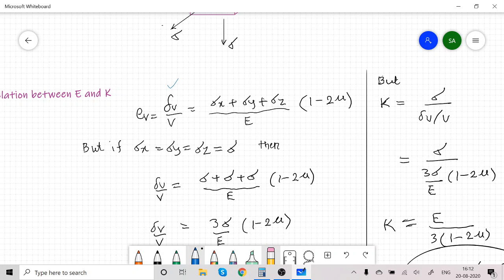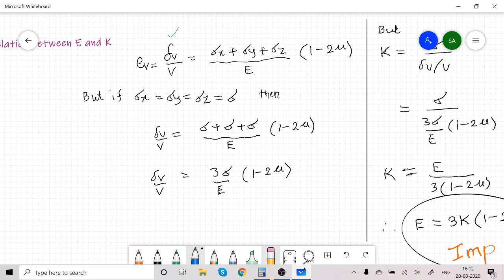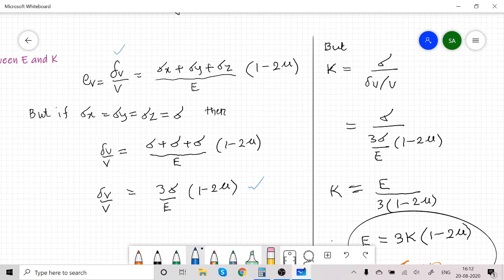But we are considering for bulk modulus all the stresses are equal, means sigma x is equal to sigma y is equal to sigma z, which is equal to sigma. Then, substituting the values of sigma x, sigma y and sigma z as sigma, I will get delta v by v, that is the volumetric strain, is 3 times sigma upon E into bracket 1 minus 2 mu. This is the relation of volumetric strain equal to 3 sigma upon E into bracket 1 minus 2 mu.